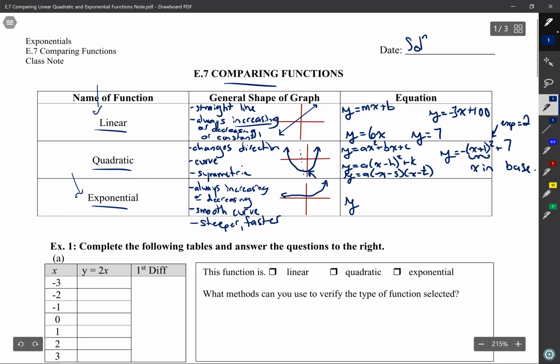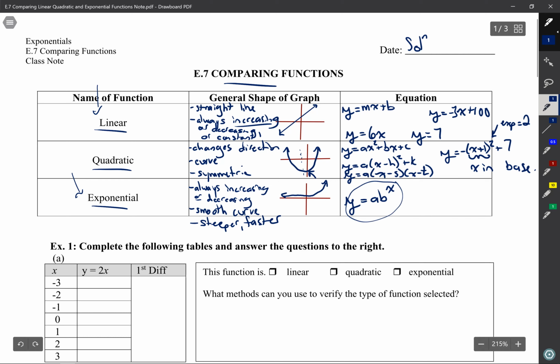The equation of an exponential will be y equals a times b to the exponent x plus c, where to be honest, the ones we've been working with, we've always had c equals 0, so we haven't even had that part of our equation. Our equations will look like this.